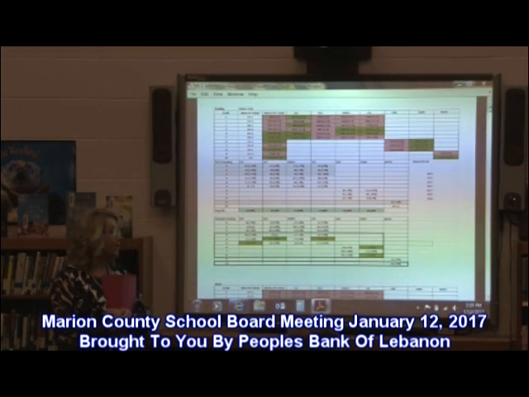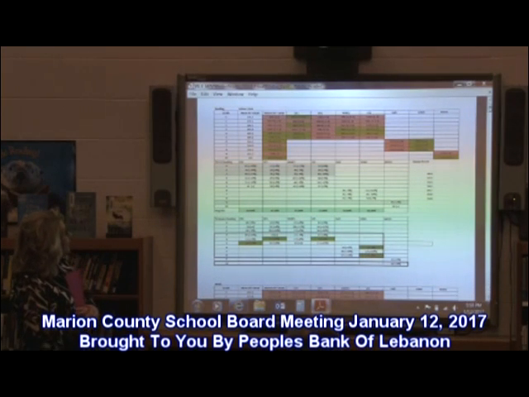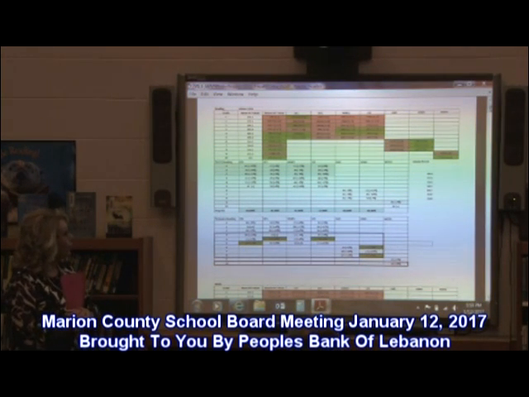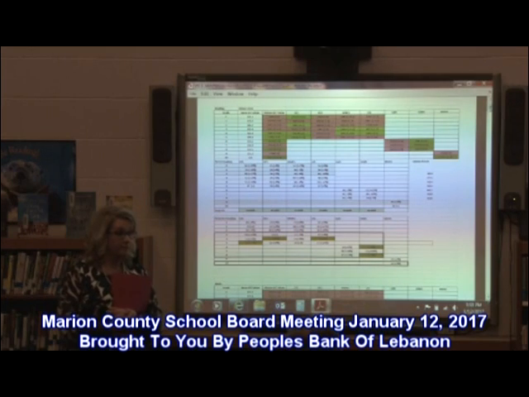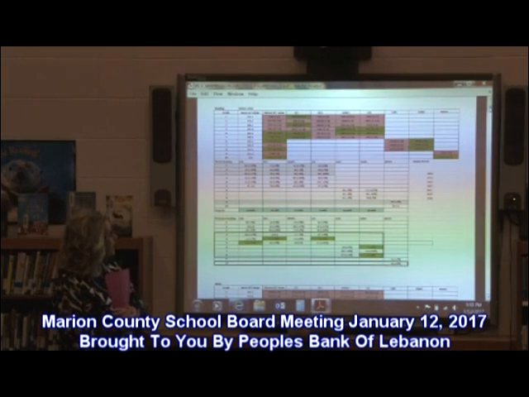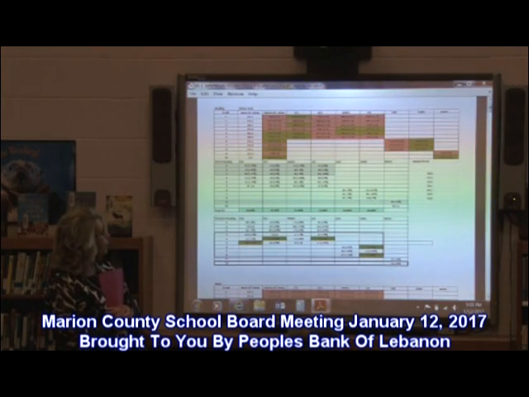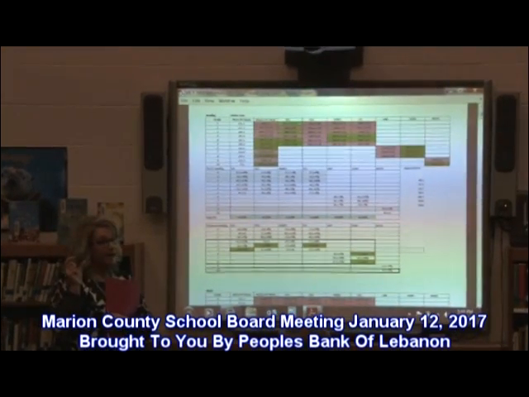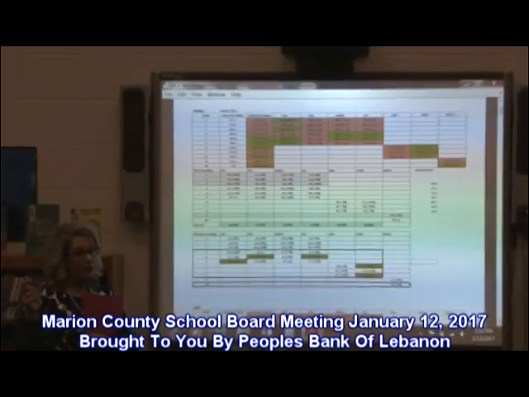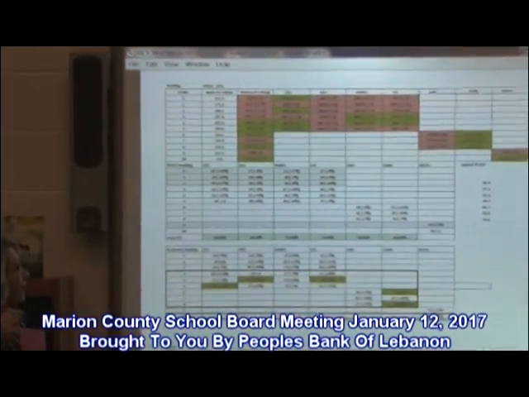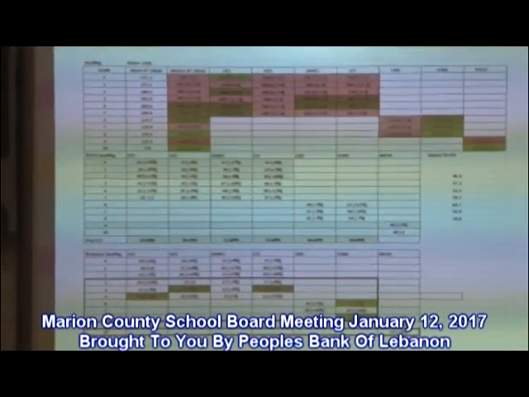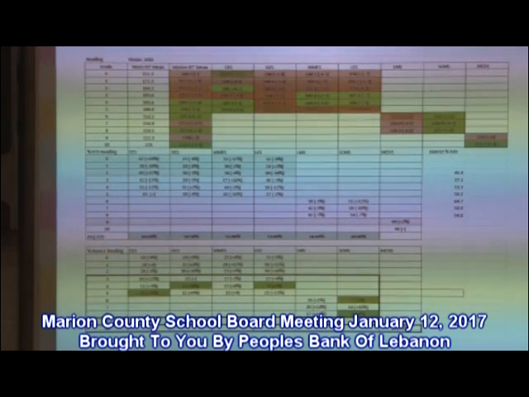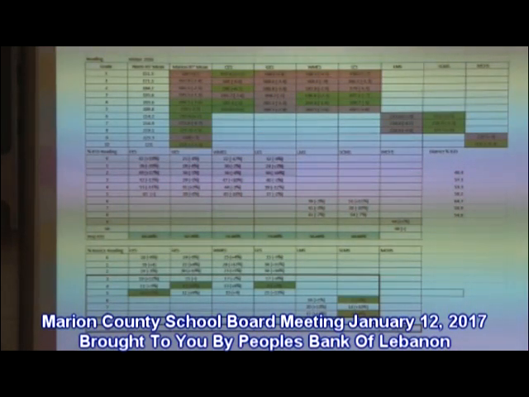Looking at the reading data, you're going to see some dips. Any cell shaded red is below the norm, green is above, and the parentheses afterwards let you know, as a grade level, whether that is above or below where we were at this time last year.